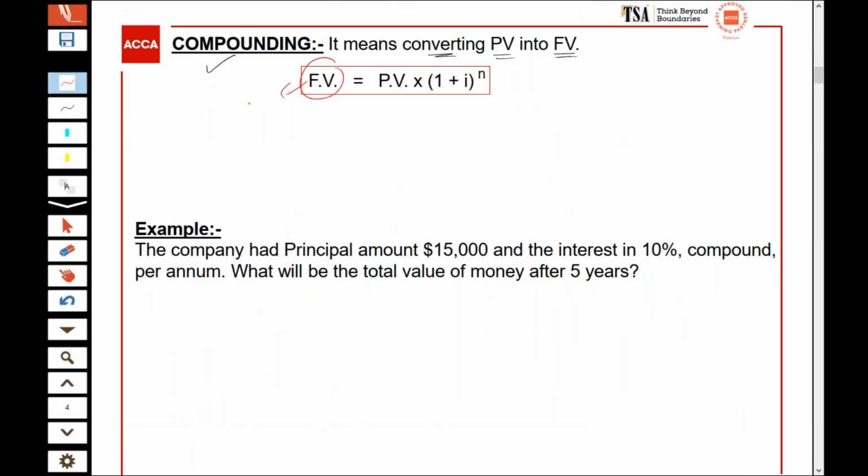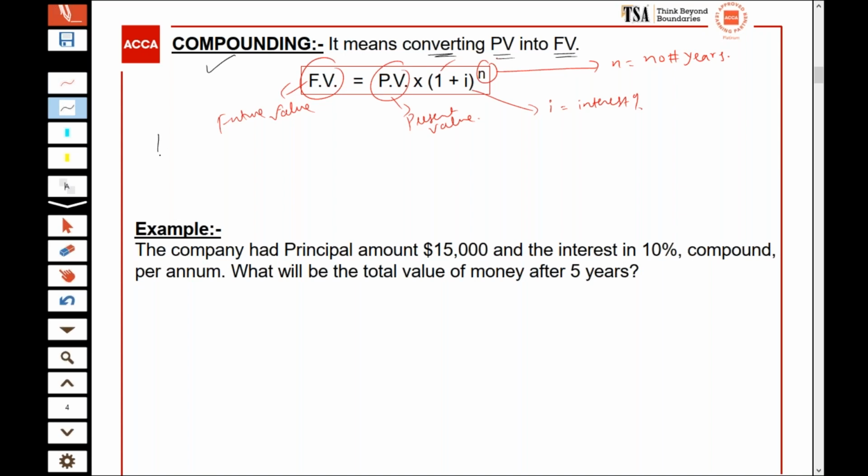FV stands for future value, PV stands for present value, one is one, I means interest, and small n means number of years.